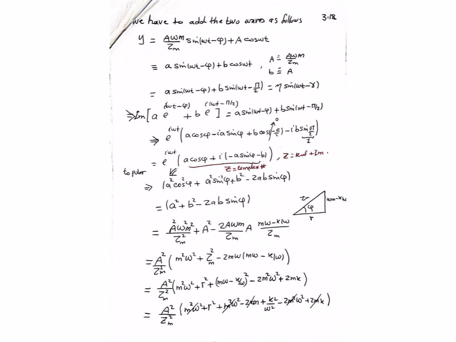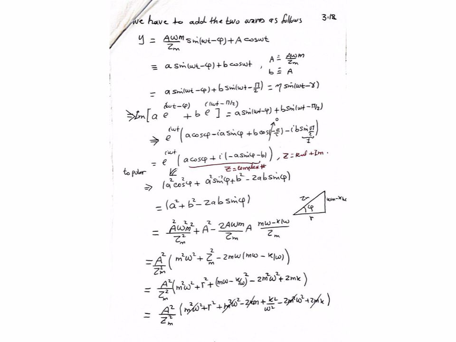Okay, we will use complex analysis for that. The first thing is to write cosine omega t as a sine. So cosine omega t is sine of omega t minus pi over 2.